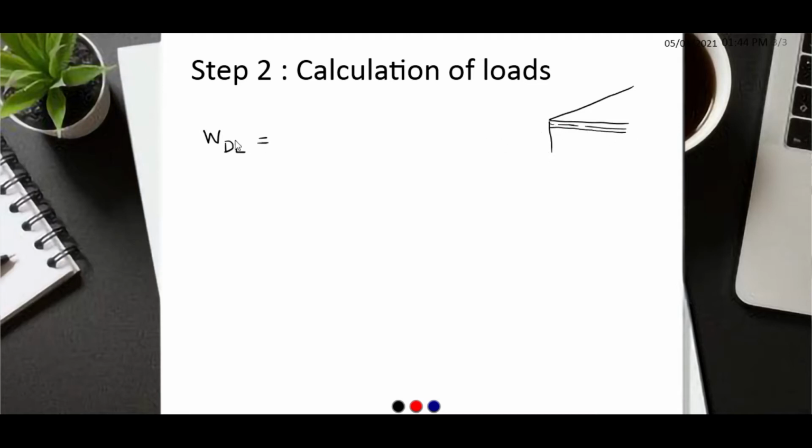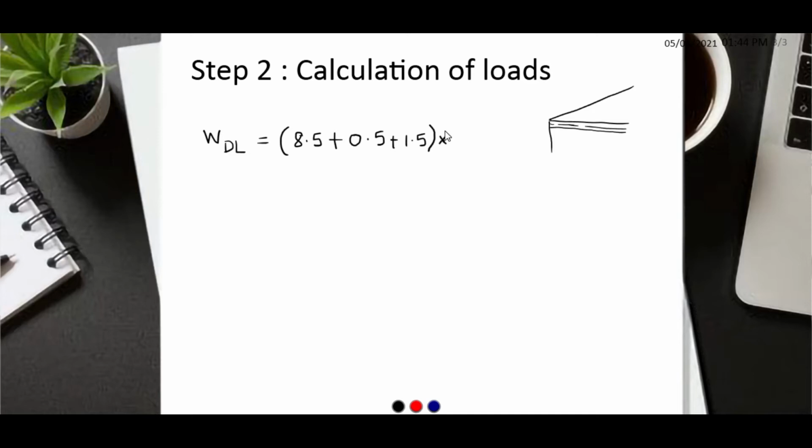By adding all the thicknesses: 8.5 is our adopted thickness of slab, plus 0.5 plaster thickness, which is given in the question, and floor finish thickness 1.5 inch, which is already given, times unit weight of concrete.